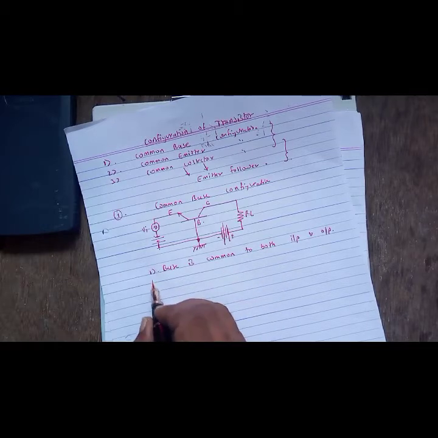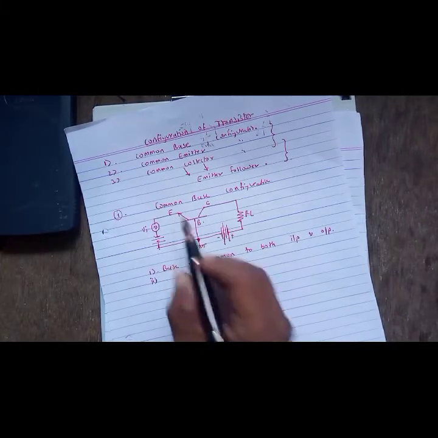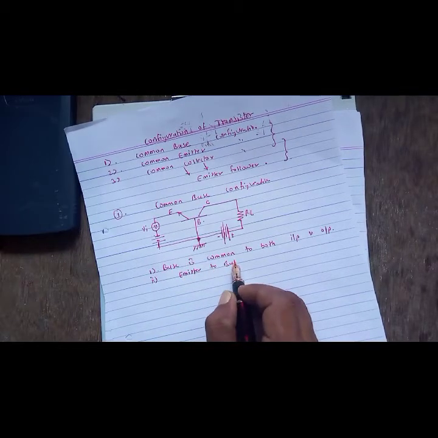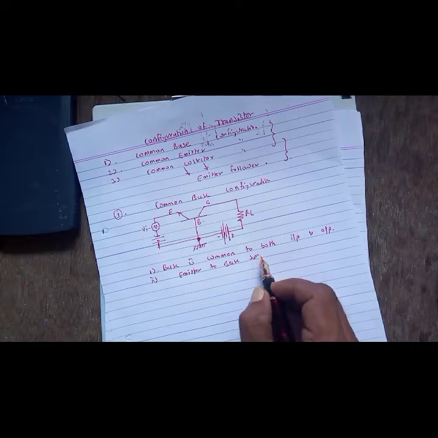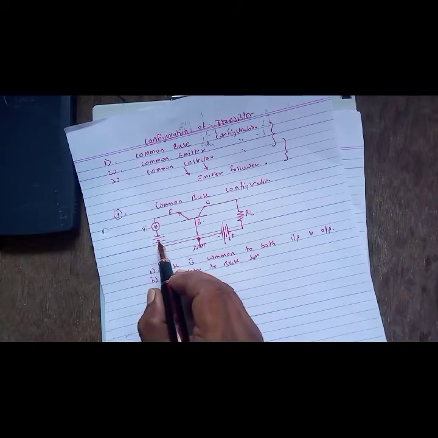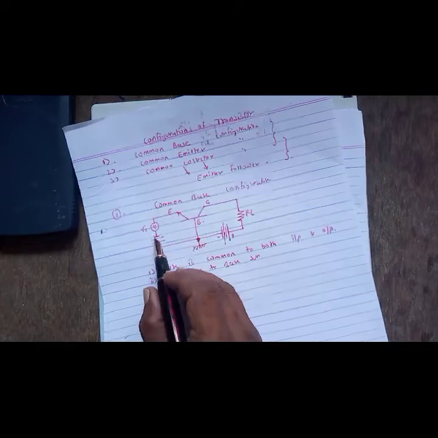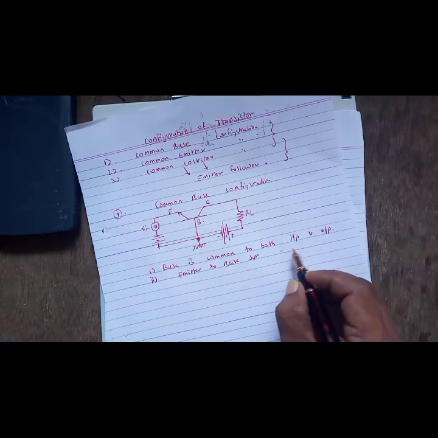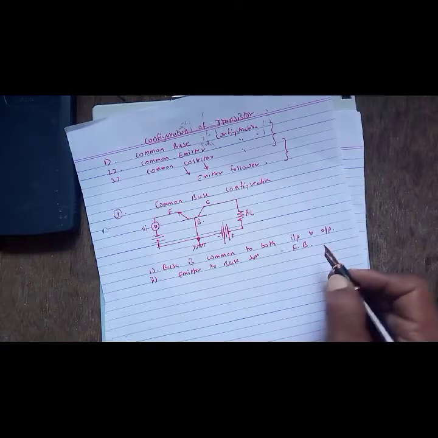Then the second point: at the emitter to base junction we have connected the battery, and this battery is in forward bias.